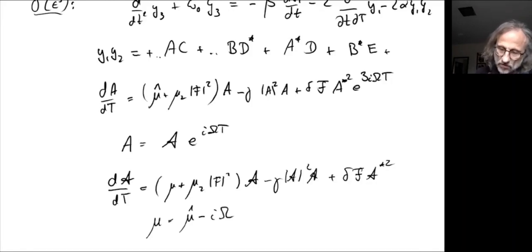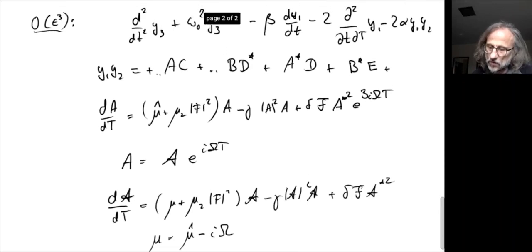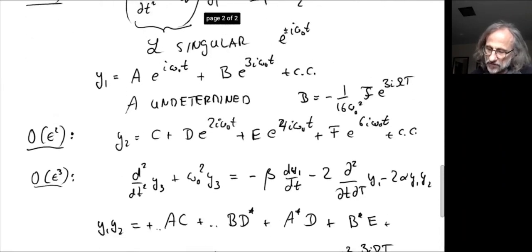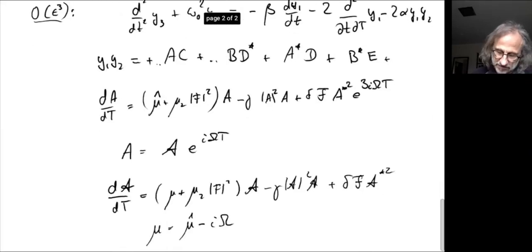And so we see that, again, the imaginary part of this coefficient captures the detuning between the frequency of the forcing and the oscillator. Note, this is minor, but we factored out a 3 here to make life easier. So it's not the detuning, it's actually 3 times the detuning. That's fine.